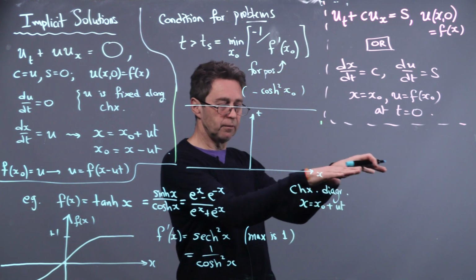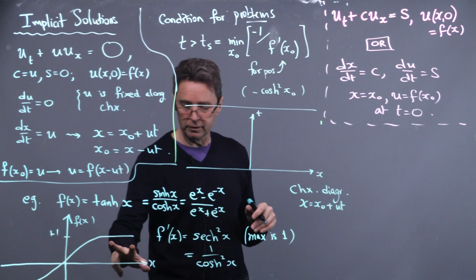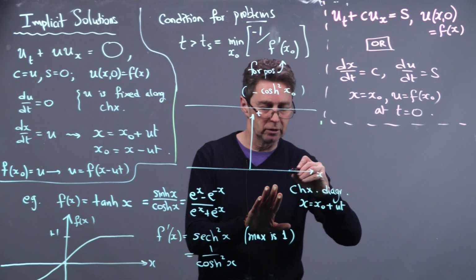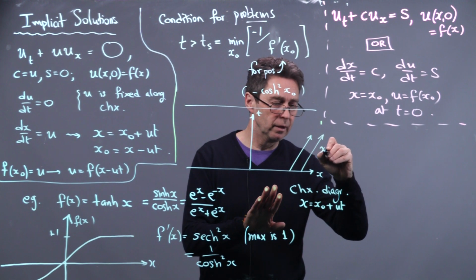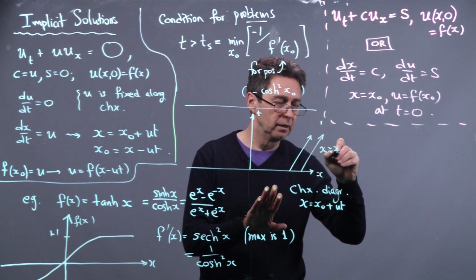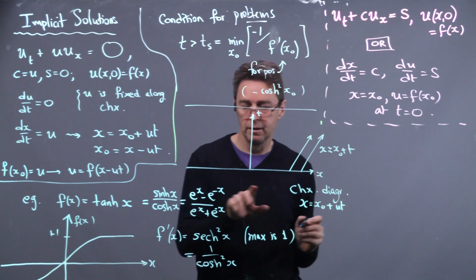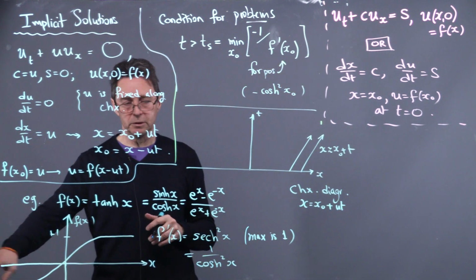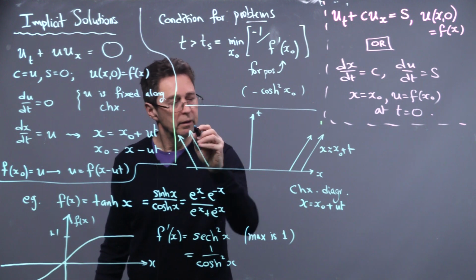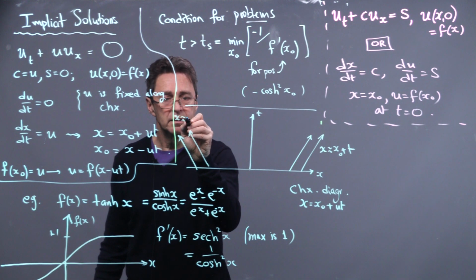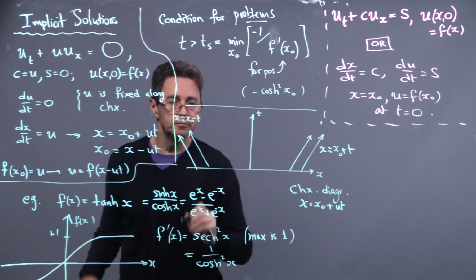So far enough off to the right, u is 1. So I get curves that are basically x is x0 plus t. Way off to the left, where u is minus 1, I get these characteristics going that way. They're basically x is x0 minus t.